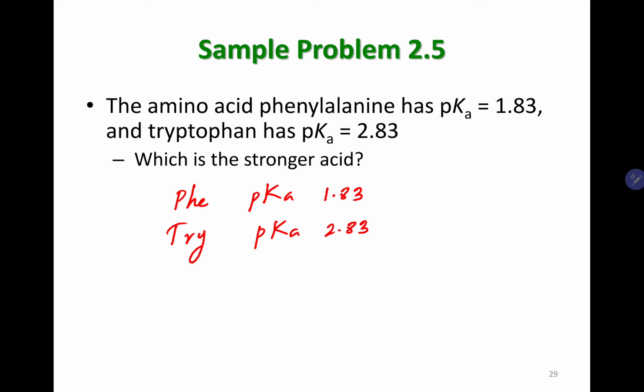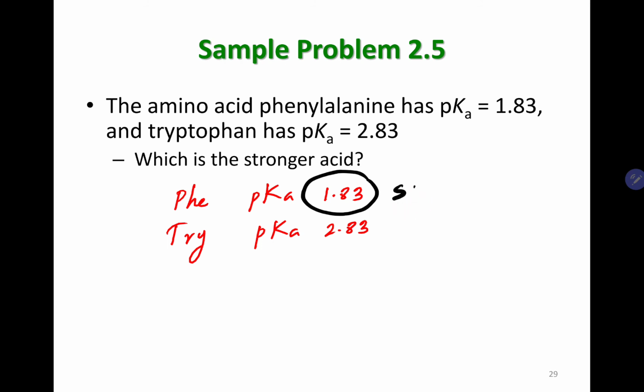It is asking which acid is stronger. So you look at pKa values. According to pKa values, the smaller the pKa value, the stronger the acid.